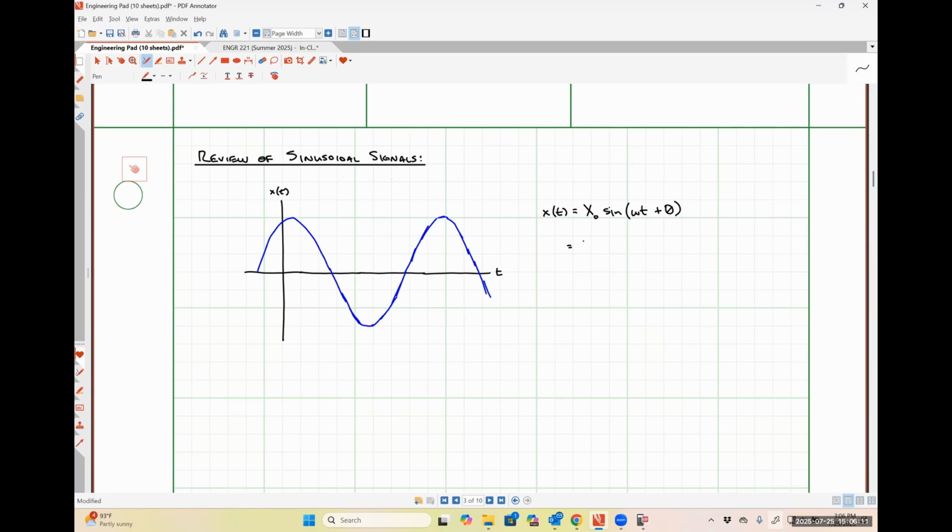Or as a cosine function, we might write it as x sub naught cosine omega t plus some phase angle phi, where I have intentionally used a different Greek letter for the phase angle of the sine function and the phase angle of the cosine function, because they are literally going to be different numbers, okay?